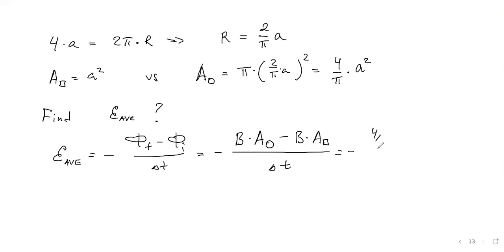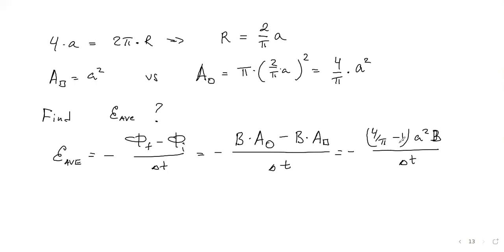So we have 4 over pi minus 1, a squared B, over delta t. This would be my equation I would start working on. The area of the circle has coefficient 4 over pi. The area of the square is 1. You have to take the difference because you change them.